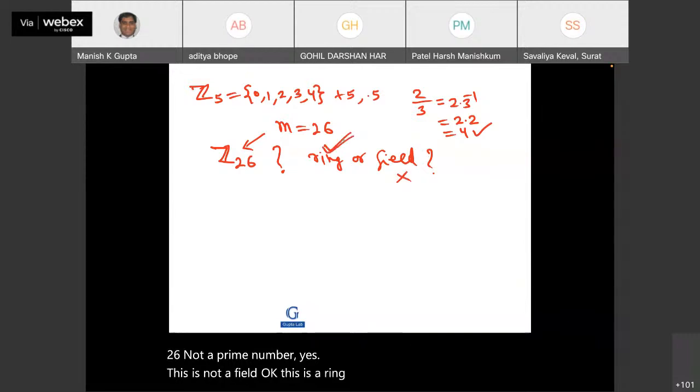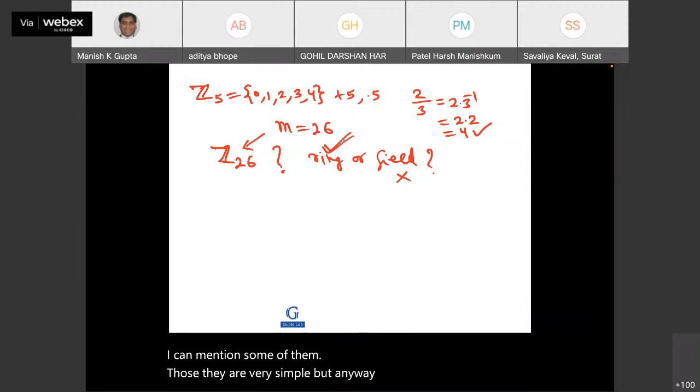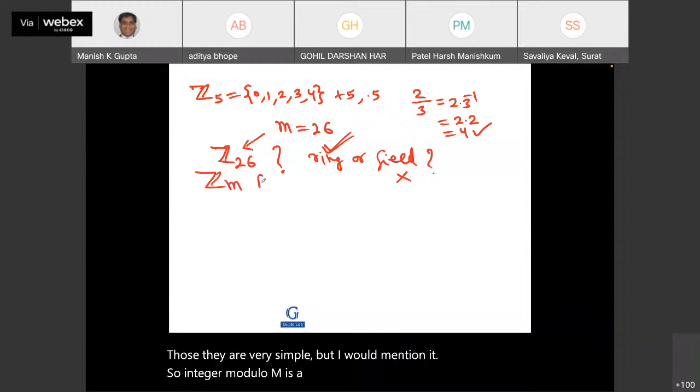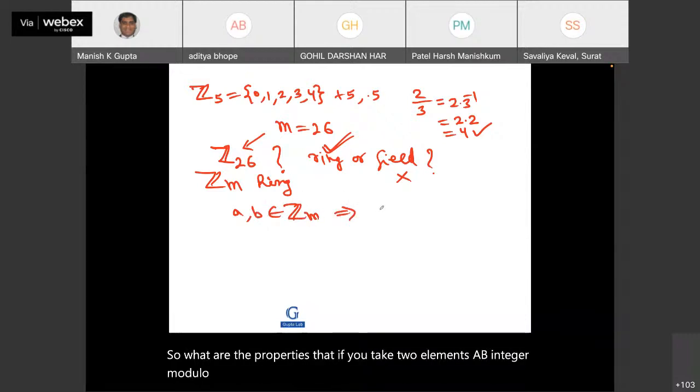So essentially, you may ask what are the properties of the ring. I can mention some of them. Though they are very simple, I will mention them. Integer modulo m is a ring in general. First property: if you take two elements a and b in Zm, then a plus b belongs to Zm.